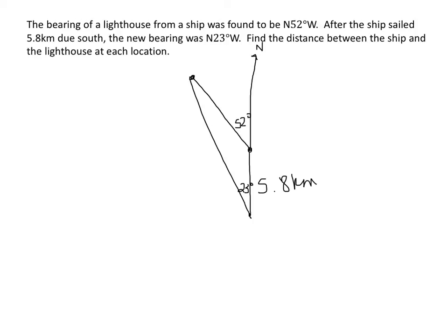So we need to find the distance between the ship and the lighthouse at each location. That means find this distance, then find this distance. If you look, we've got an oblique triangle. We can pretty easily calculate this angle by taking the supplement of 52 degrees.